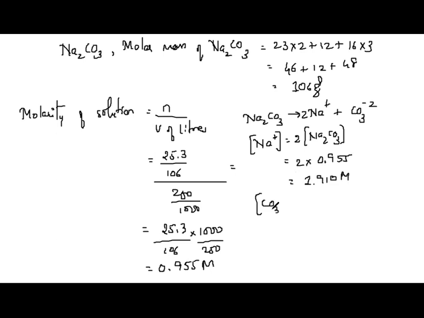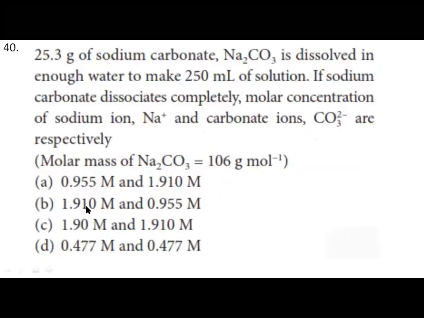And that of CO3 minus 2, there is only one, so it is the concentration of Na2CO3, that is 0.955. So the concentration of Na plus ions is 1.910 and the concentration of carbonate ions is 0.955. So which is the correct option? It is 1.910 and 0.955 respectively, with this first for Na plus ions and the next for carbonate ions.